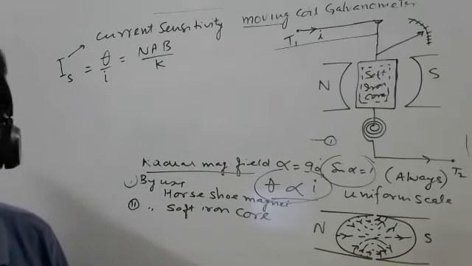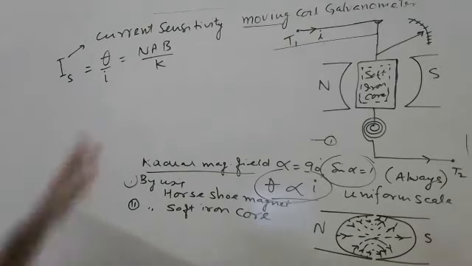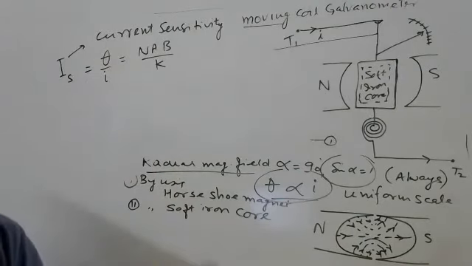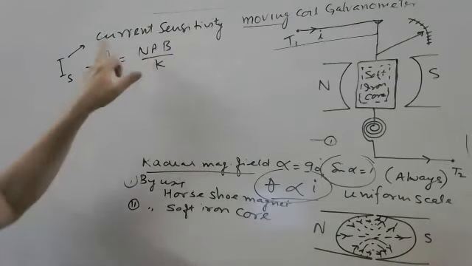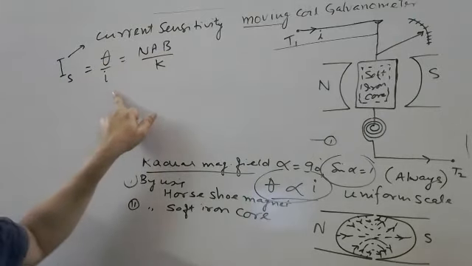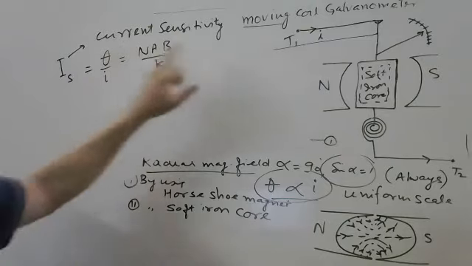Here it is a very important part. We are measuring a very small amount of current, microampere current. It means that even if the current is very small, the deflection is large. Current sensitivity is large. So what is current sensitivity? If we define it, it is deflection per unit current. Deflection per unit current is called current sensitivity.